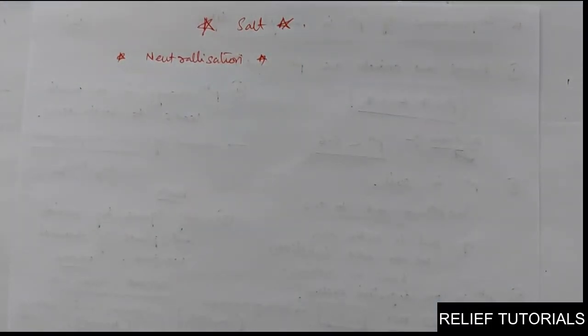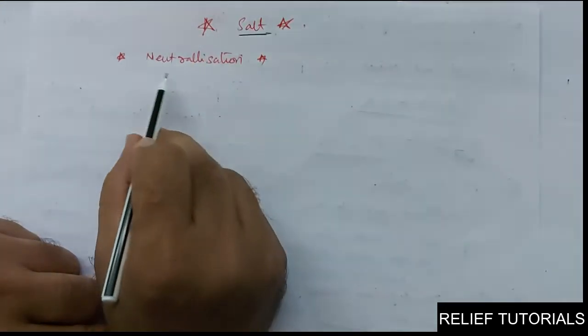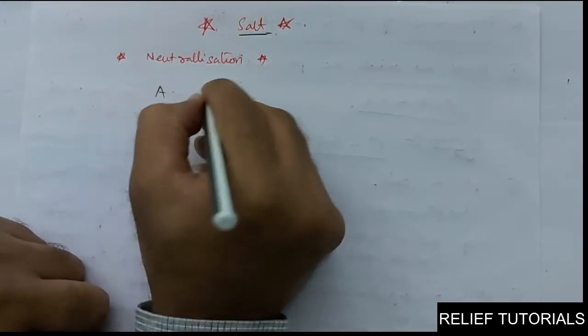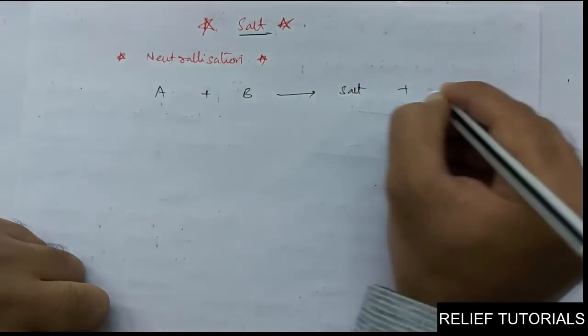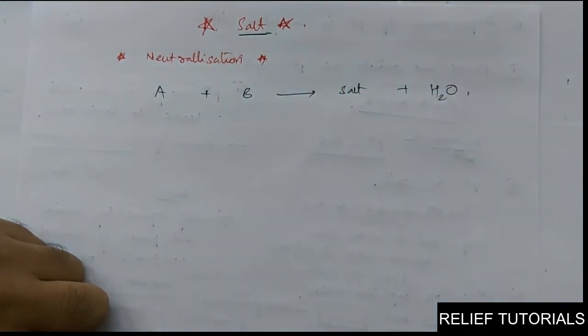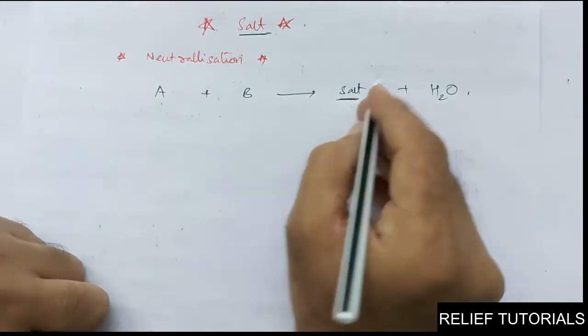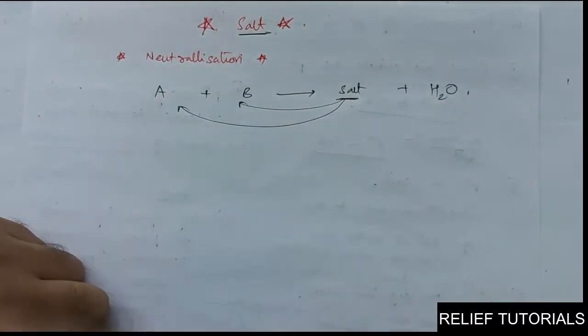Listen carefully: indirectly, we can say that salt is a product obtained by the neutralization reaction of acid and base. When any acid reacts with a base, they form salt and water. This reaction is called a neutralization reaction. So salt is nothing but the byproduct of the reaction of acid and base.